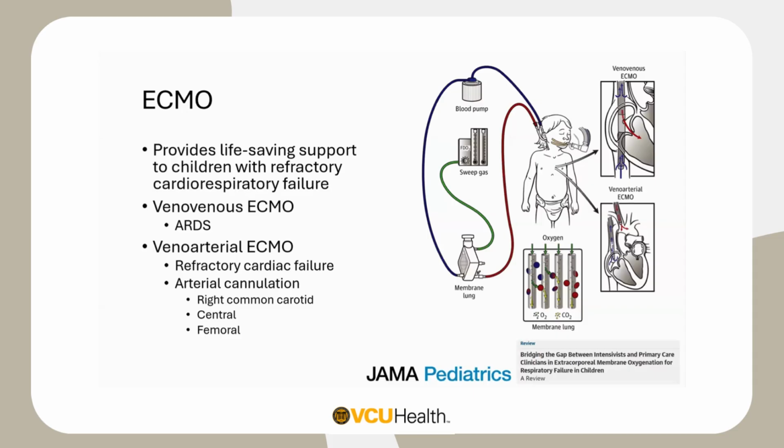When it comes to veno-venous ECMO, you have a dual lumen cannula. It can be placed and reinfused into the right atrium. And with veno-arterial ECMO therapy, we can do arterial cannulation in a number of different ways: it can be to the right common carotid, centrally cannulated, or to the femoral artery.